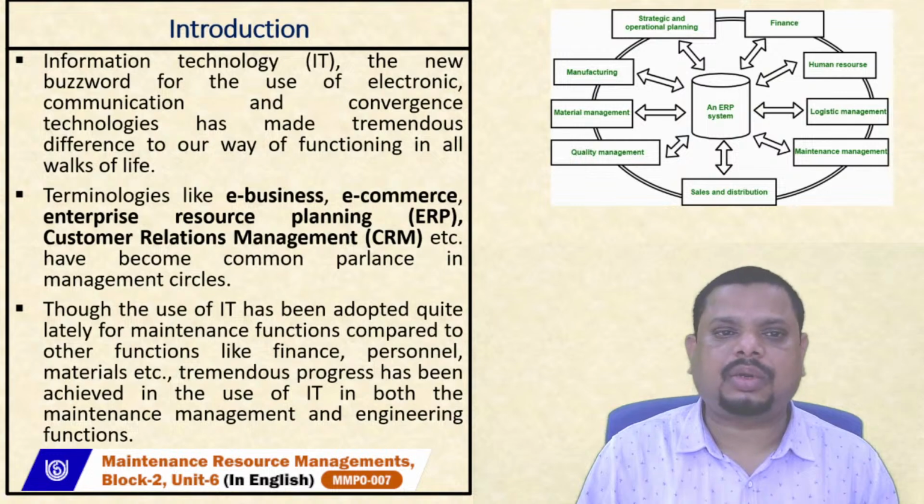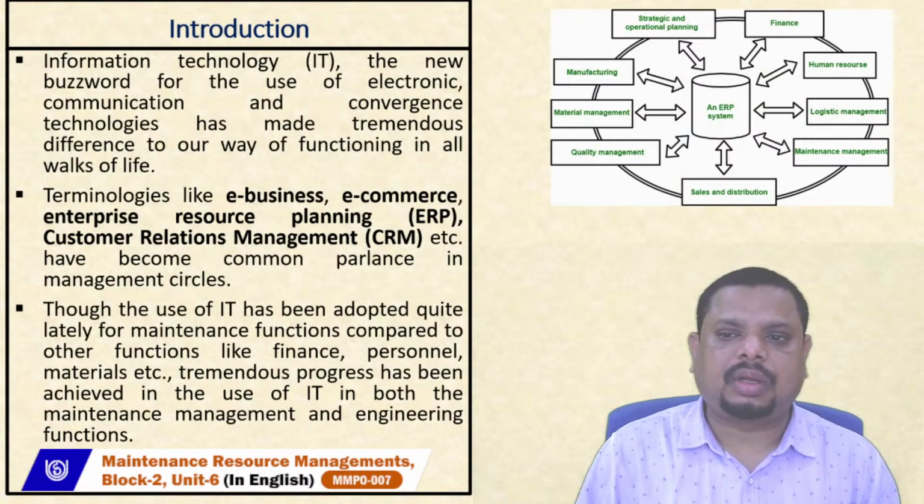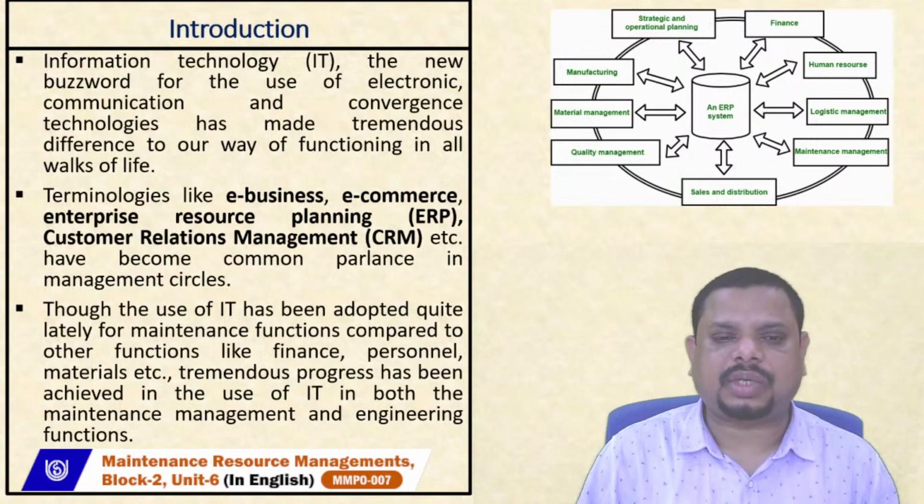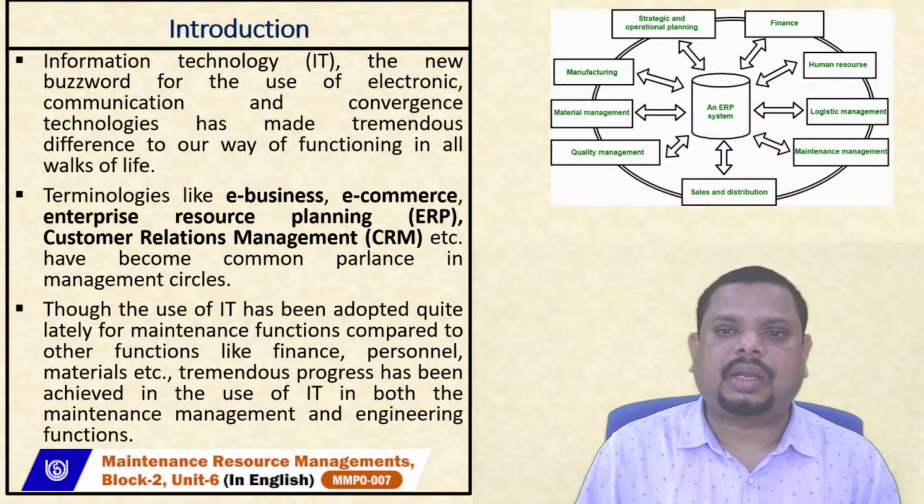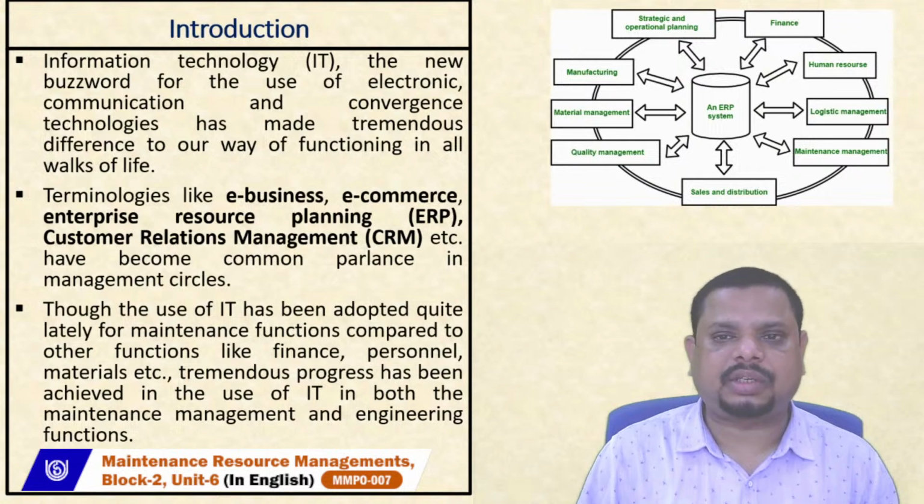They also enable logistic management. The next one we have is maintenance management, then sales and distribution, then quality management. They also enable material management, especially with reference to the purchase department, and they also provide the data related to the manufacturing and production department.